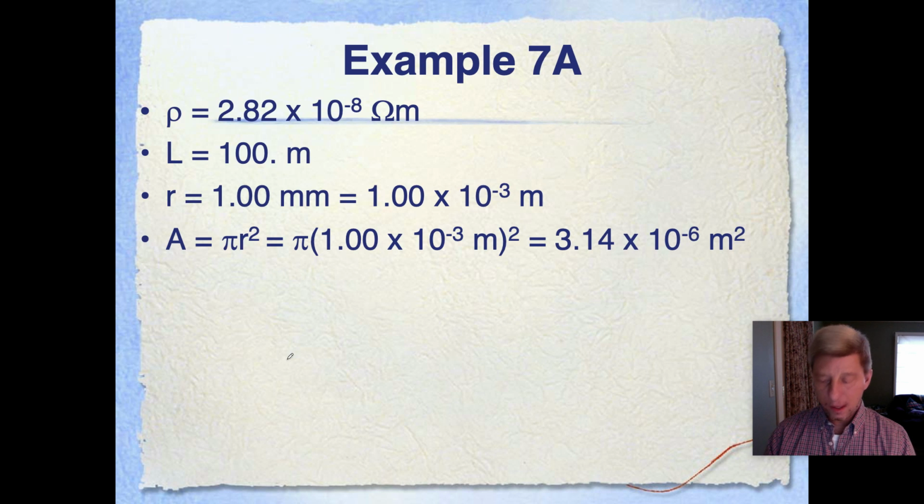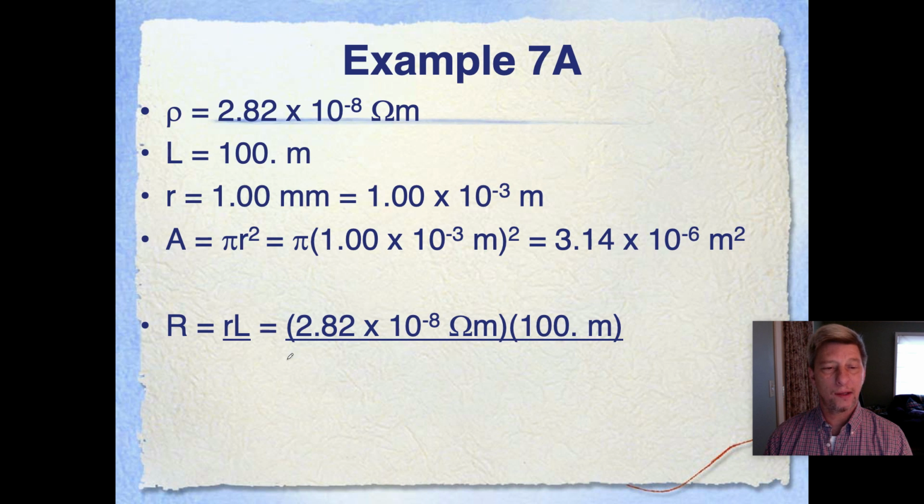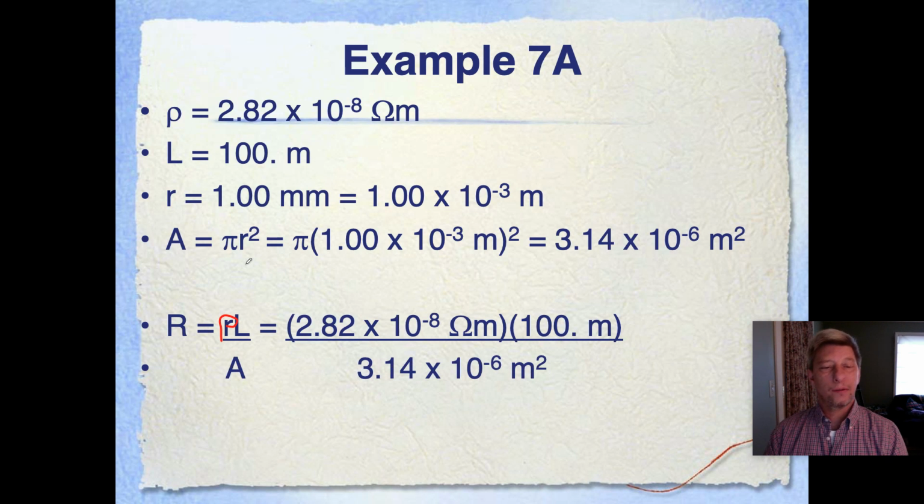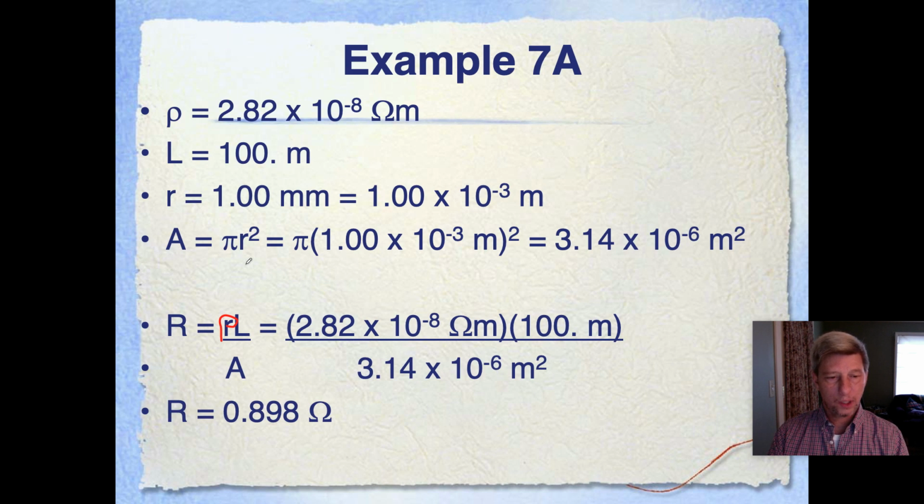Now, I then go to my formula for resistance, and this should be rho, not R. R equals rho times L over A, 2.82 times 10 to the negative 8th ohm meters times 100 meters divided by 3.14 times 10 to the negative 6th square meters leaves me with a grand total resistance of 0.898 ohms.